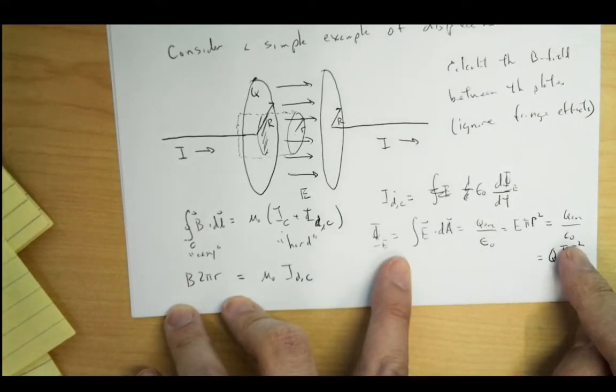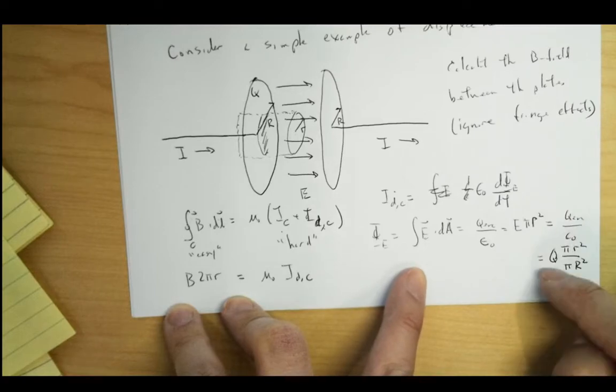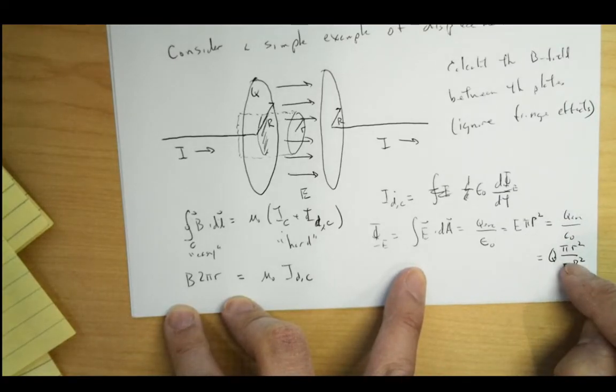So that's this piece right here, E times A. I don't need to figure out what E is going to be, I just need to know what this piece is.